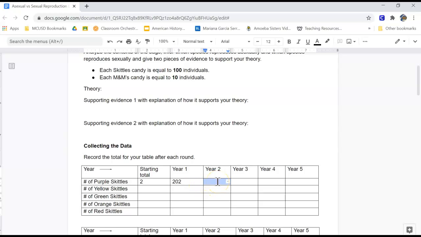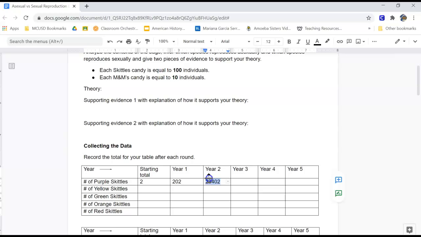For year 2, you will take that 202 and multiply that by 100, which would give us 20,200, but then you need to add back in the 202. So that means that there will be 20,402. You will figure that out for each year for each Skittle.